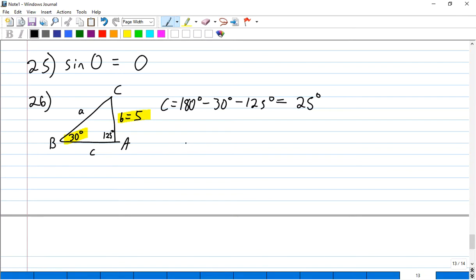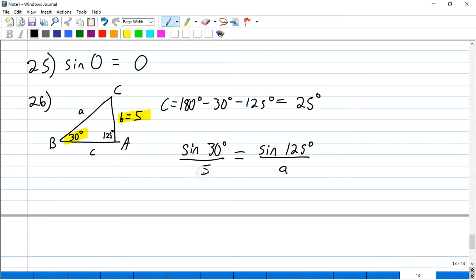So we can say the sine of 30 degrees over 5 equals, and now we can solve for side C or side A. Can't solve for them both at the same time. Let's solve for side A. So we'll say equals the sine of 125 degrees over side A. Right, corresponding side and angle.